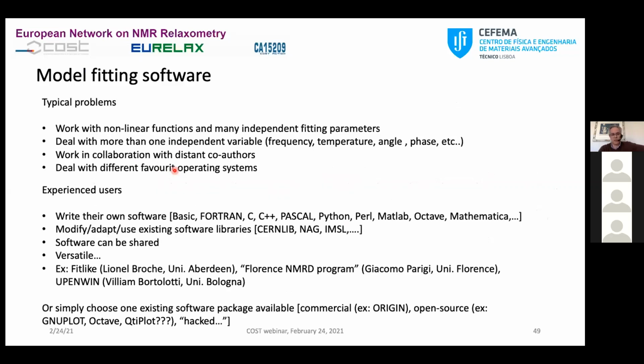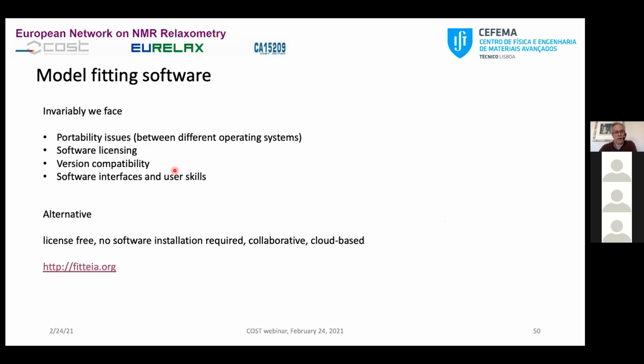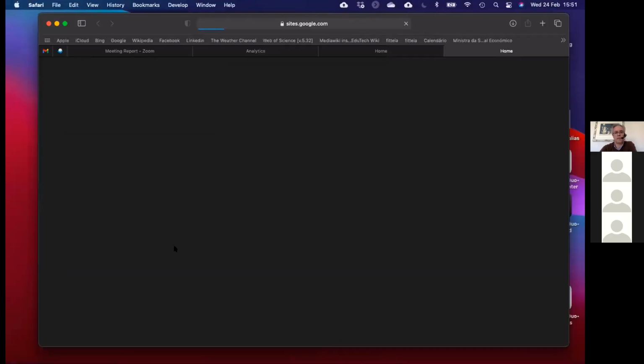And besides all the possibilities that exist to fit numerical equations to the experimental points, I've been using and providing for some time this FITEA, which I might just jump in and show you a little bit of, just for curiosity. It will not be a full course, and maybe some of you will have questions to ask.